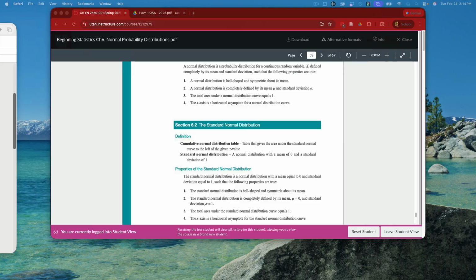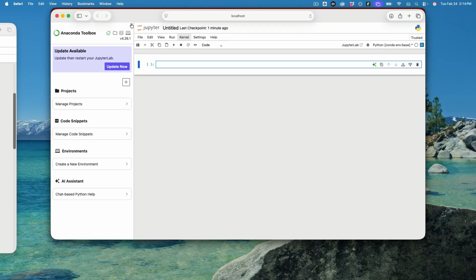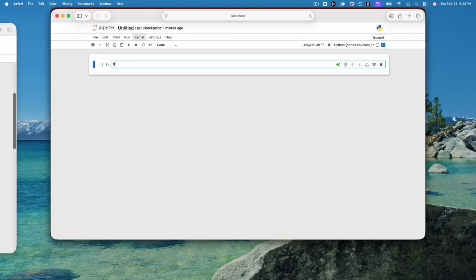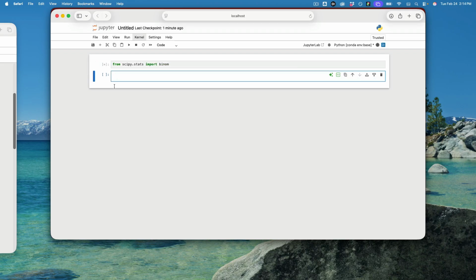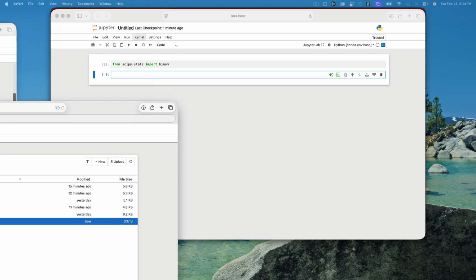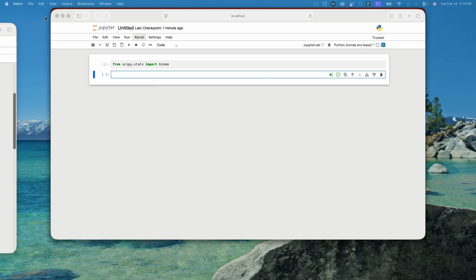All right, let's say we're starting a new notebook, and from scipy.stats, import binomial distribution. The first problem we will be looking at is the following.